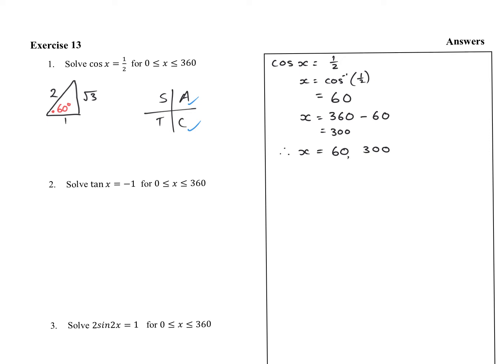Okay, for the second one, we've got tan x is equal to -1. So first, this one, think if we've got a negative and we're in tan, which quadrants are we going to be in? We're going to be in the second and the fourth. That's where it's going to be negative. Which triangle are we going to use? 1, 1, root 2, yep.